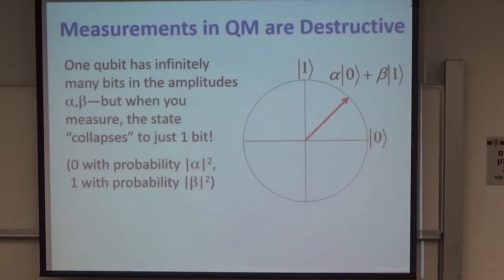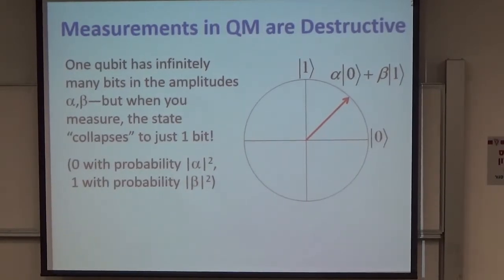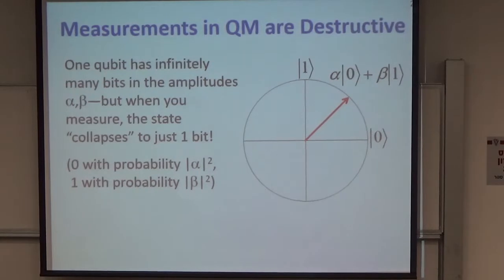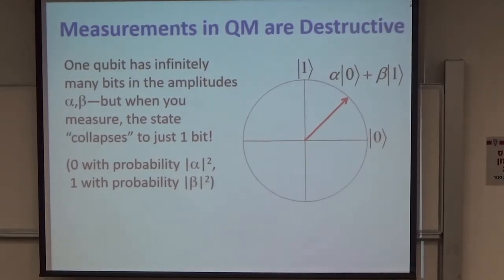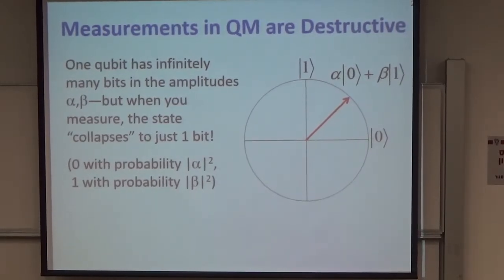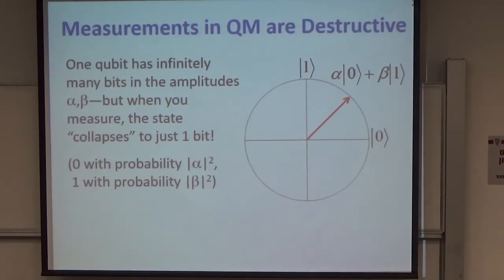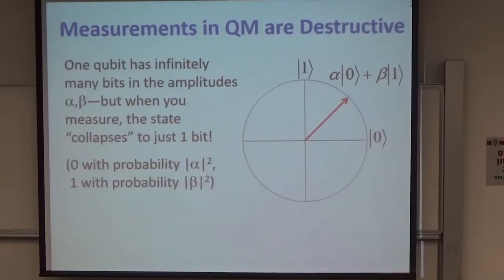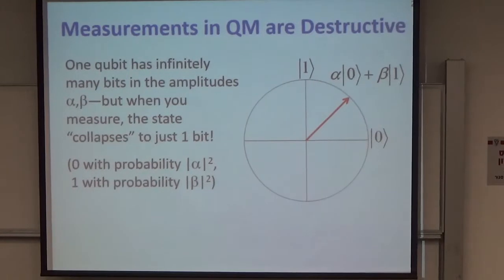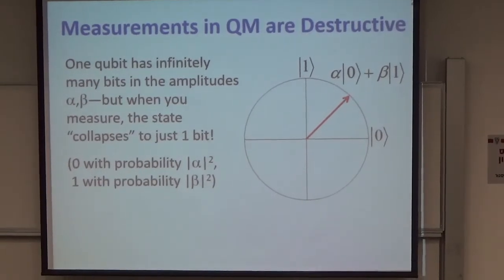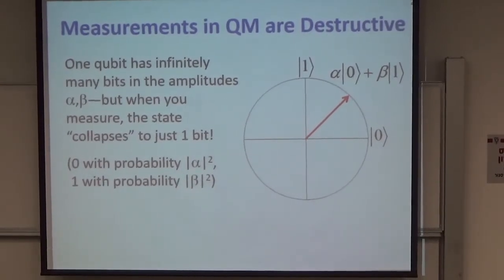And a qubit is alpha 0 plus beta 1, where alpha and beta are complex numbers. And quantum mechanics puts no restriction whatsoever on the precision that these complex numbers could have. So the binary expansion of alpha might contain the complete works of Shakespeare and all the wisdom of the universe somewhere in it.